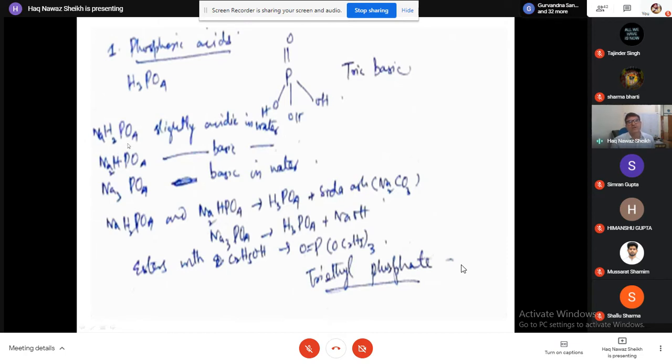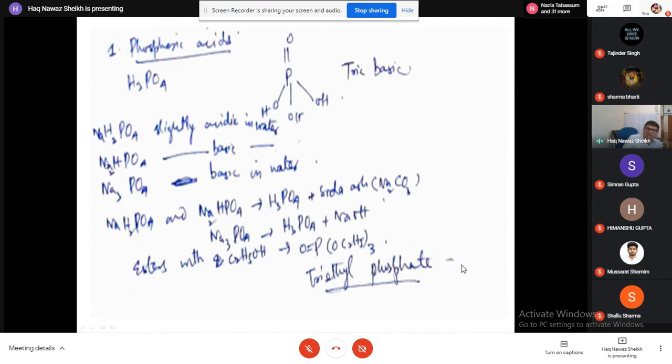Sodium dihydrogen phosphate is an example in which one of the H positive has been removed and sodium has been incorporated there. This salt is slightly acidic in water. Then there is disodium hydrogen phosphate, which is basic in water because once you dissolve this salt in water, it will undergo hydrolysis, generating phosphoric acid plus sodium hydroxide.